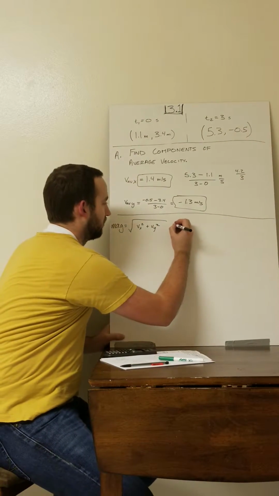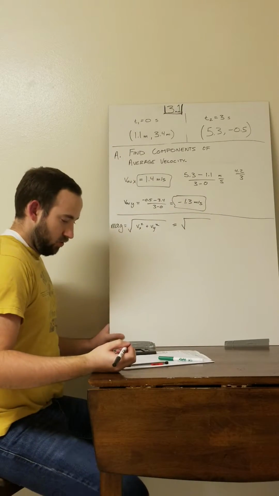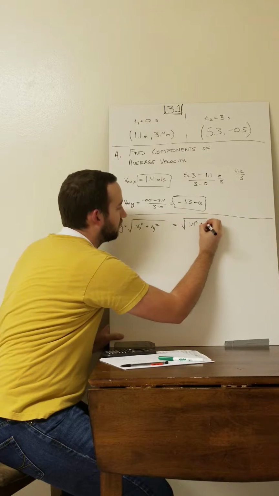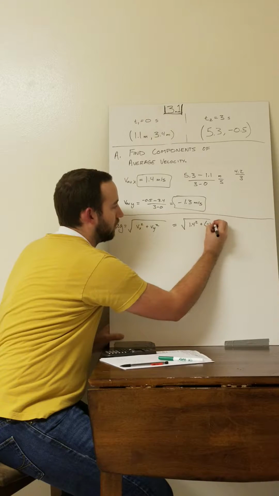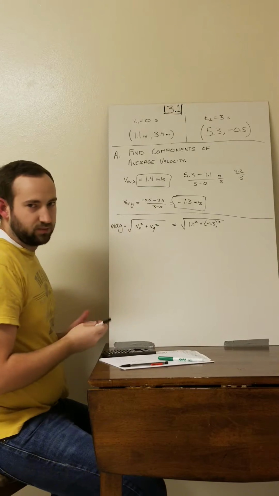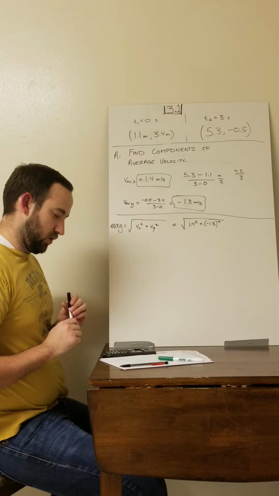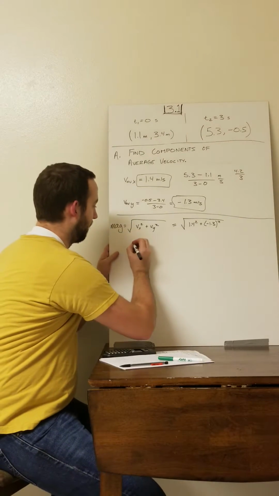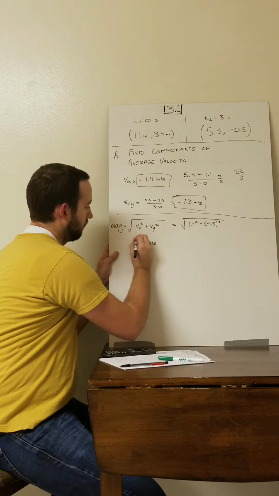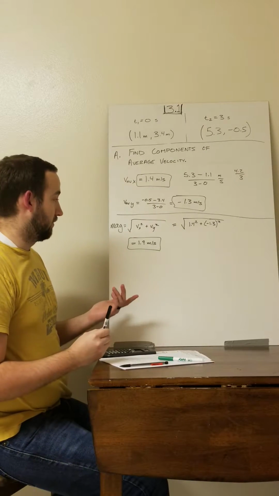So that equals the square root of 1.4 squared plus a negative 1.3 squared. And then you just plug that into your calculator, you end up with 1.9 meters per second. So that's our magnitude of that vector.